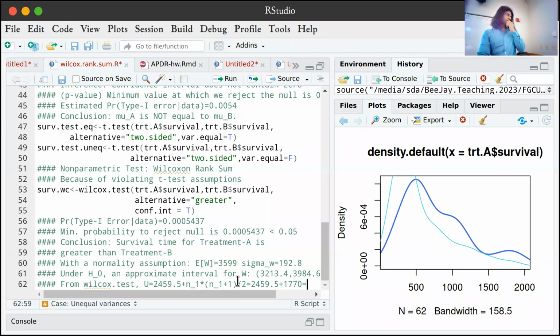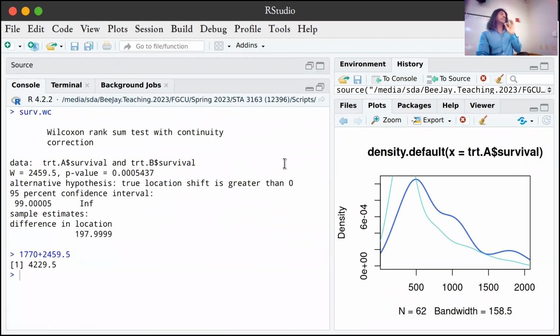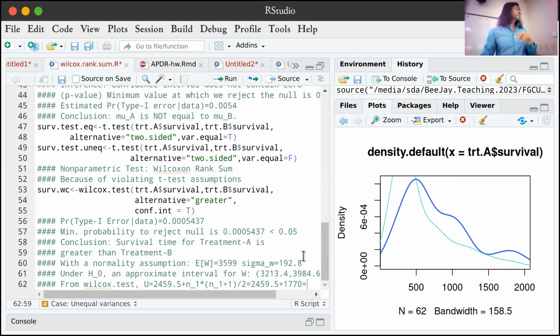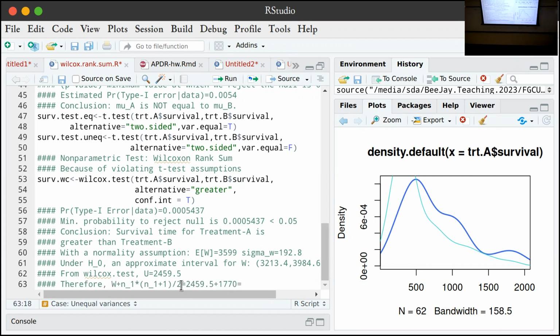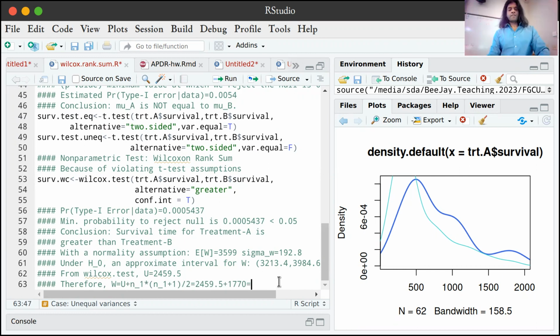So based on the data, I'm getting a test statistic W as 4,229.5. Therefore, W equals U plus that number, 4,229.5.